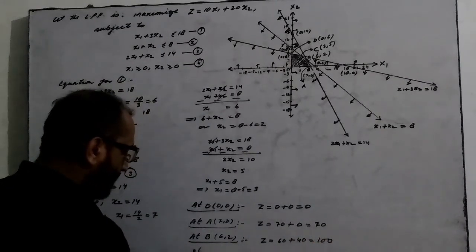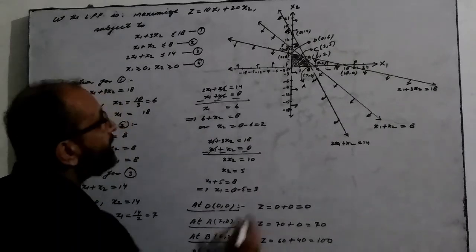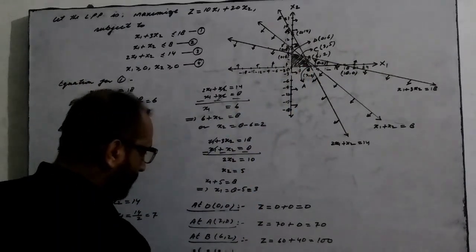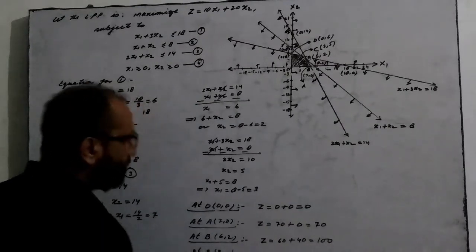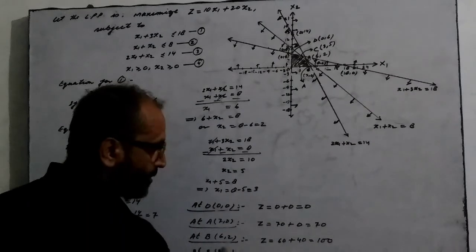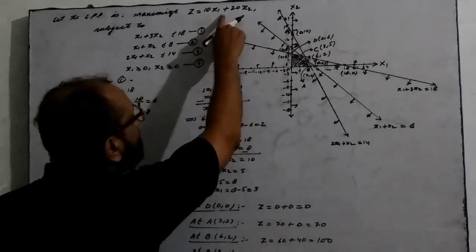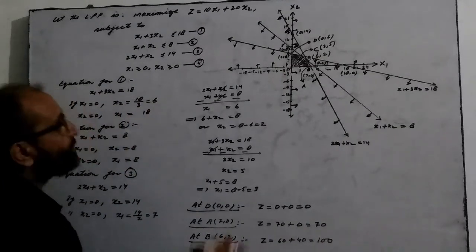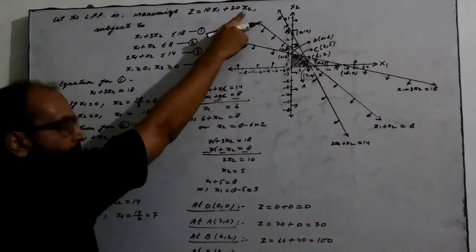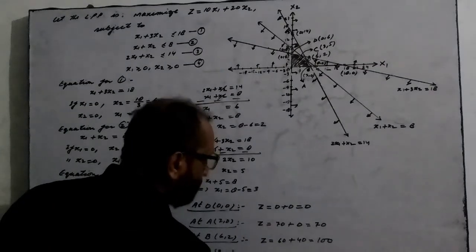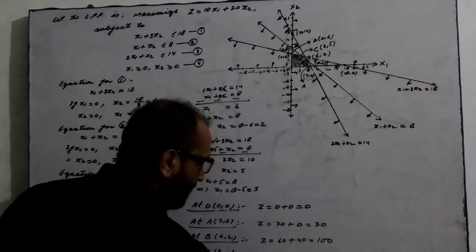Then at C, the next corner point, the coordinates of C we have found are 3, 5, and we find the value of z at this corner point. So z is equal to 10 into 3, 30, plus 20 into 5, 100, so we have 30 plus 100, 130.